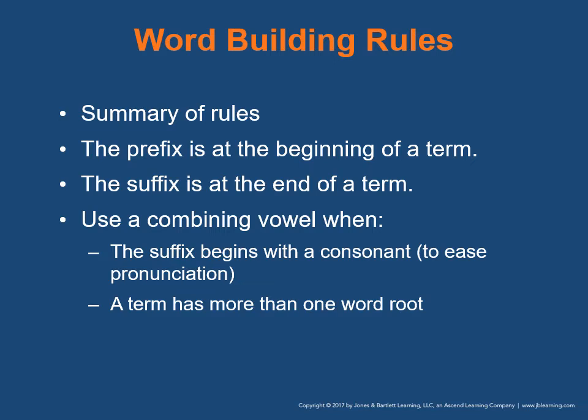However, not all terms will have a prefix. The suffix is always at the end of the term. Use combining vowels when a suffix begins with a consonant to make the pronunciation easier, or a term has more than one word root. A combining vowel must be placed between the two word roots, even if the second root begins with a vowel.